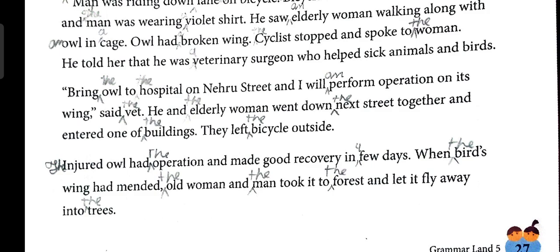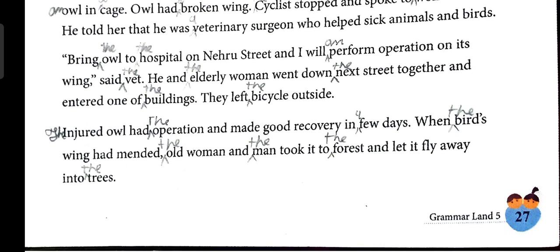He and the elderly woman went down the next street together and entered one of the buildings. They left the bicycle outside. The injured owl had the operation and made a good recovery in a few days. When the bird's wings had mended, the old woman and the man took it to the forest and let it fly away into the trees.